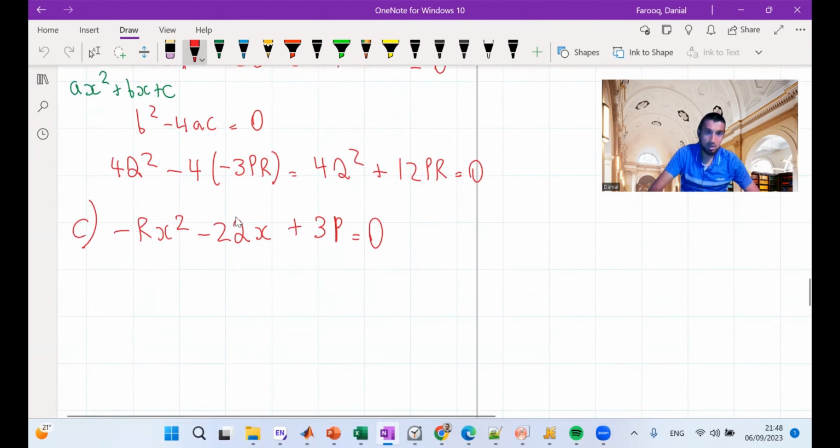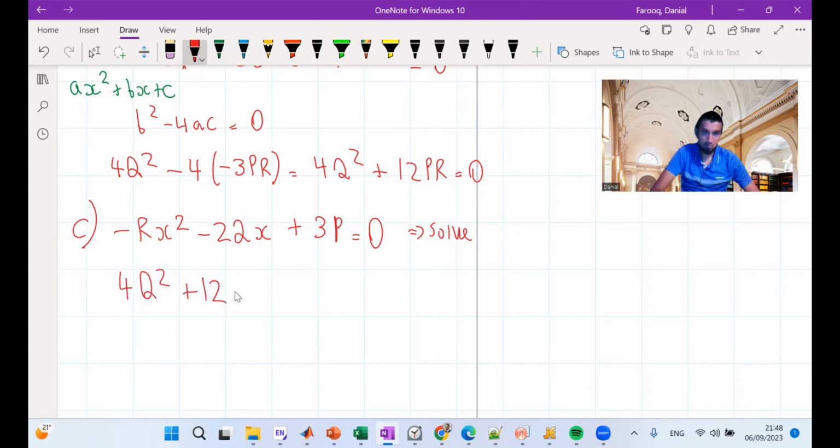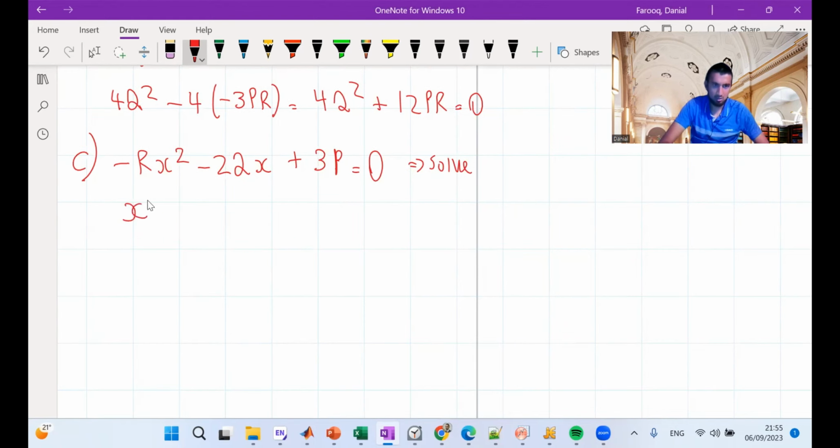Okay, so that's the equation we need to solve. And let's see if we can use this other expression to make the algebra a little easier for us. Dividing by minus r, we become x squared plus 2q over r x minus 3p over r equals 0.